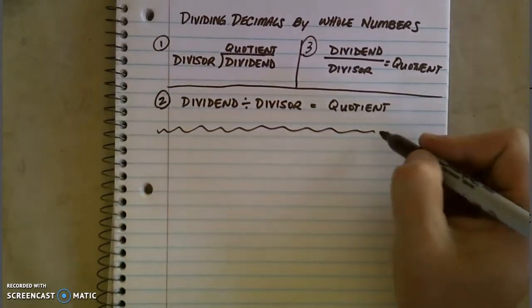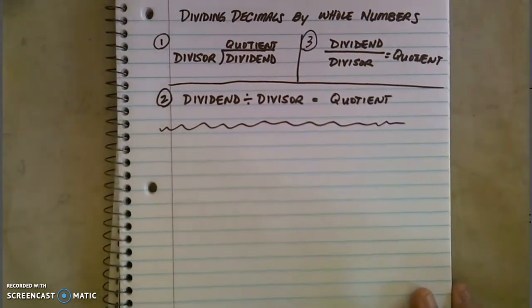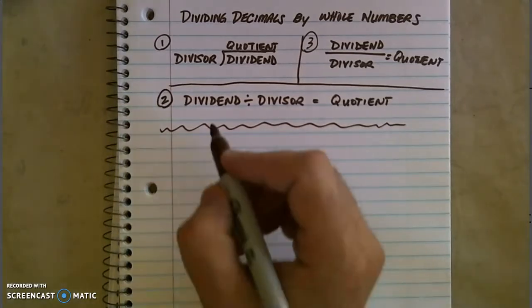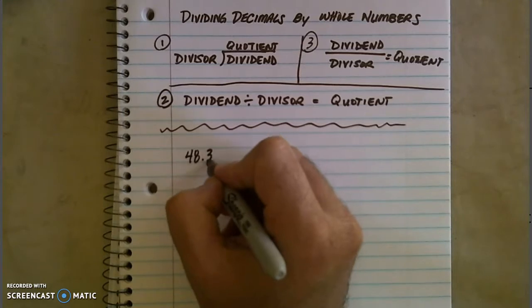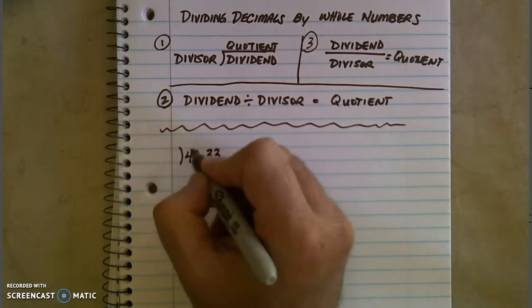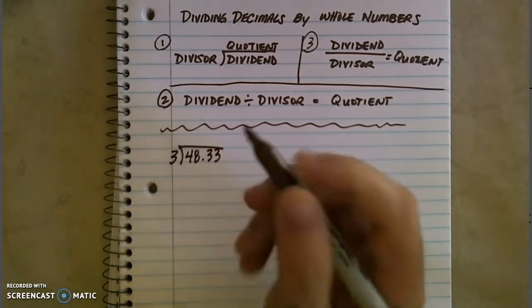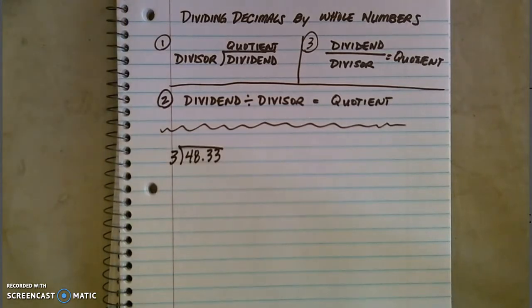Okay? So when we start to do a few examples, what we're going to start off with is a problem that is pretty easy. When we are dividing a decimal number by a whole number, the division process is identical. The only difference is what to do with the decimal and how far to take it. Okay?